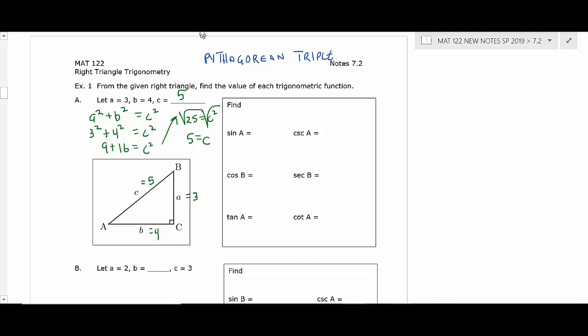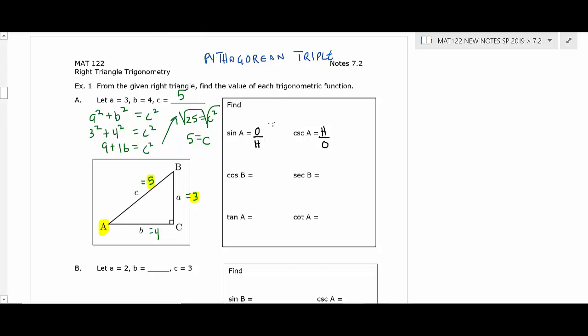All right, so I'm going to write the definitions as I go. The sine is opposite over hypotenuse. The cosecant is hypotenuse over opposite, so the cosecant is just the reciprocal. Here's what you do: we're going to look at angle A, and then you focus on what's opposite. 3 is opposite. What's the hypotenuse? 5 is.